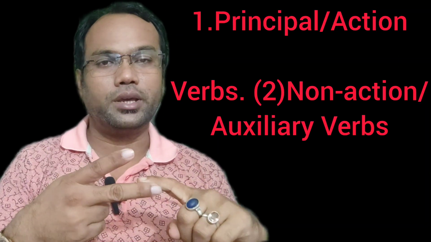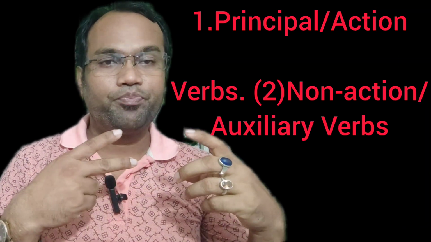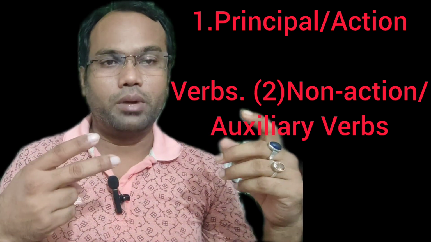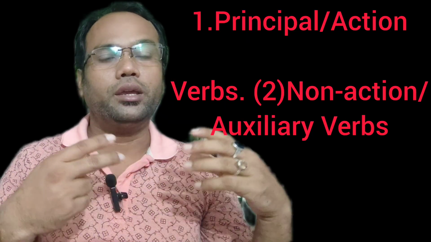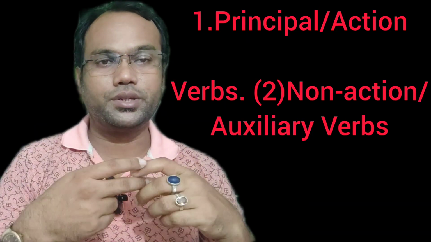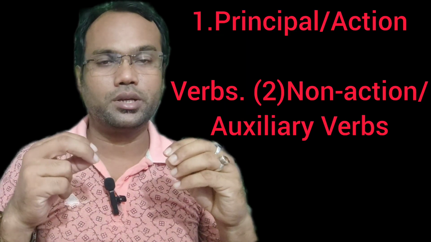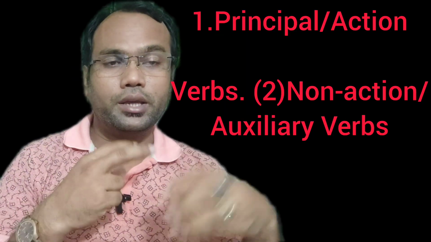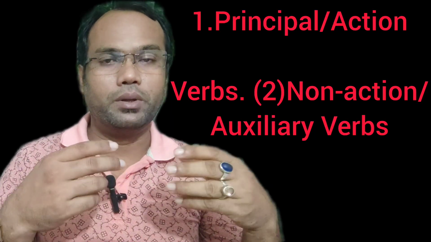Like if I say I eat rice, I speak English, I teach the students, I communicate with my listeners, I communicate with my subscribers. These verbs are action verbs because they indicate the action, like the action of my eating rice, the action of my communicating with my people.